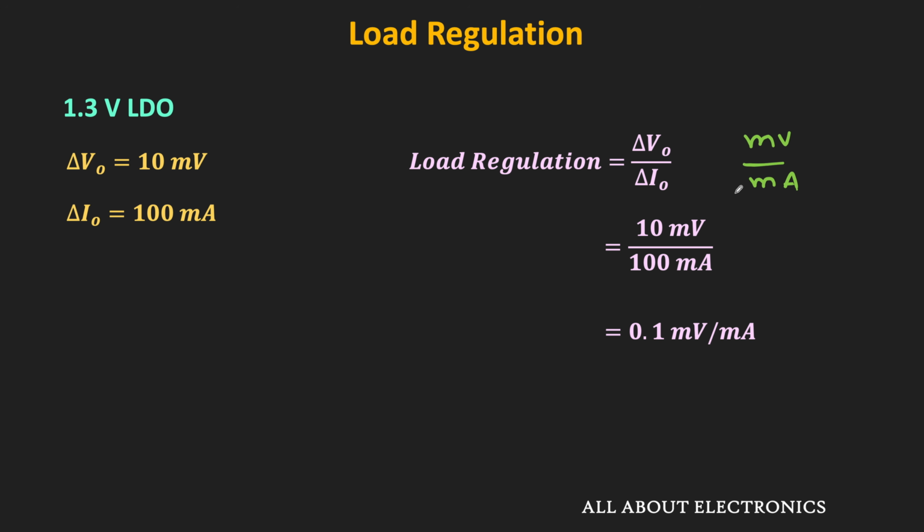So we can say that for this LDO, when the load current changes by even 1 milliampere, then the change in the output voltage is not more than 0.1 millivolt. So by knowing this spec, the designer can select the specific regulator or the power supply based on the load current, and based on that, can fine-tune its design. And that is why this load regulation is also a very important parameter.